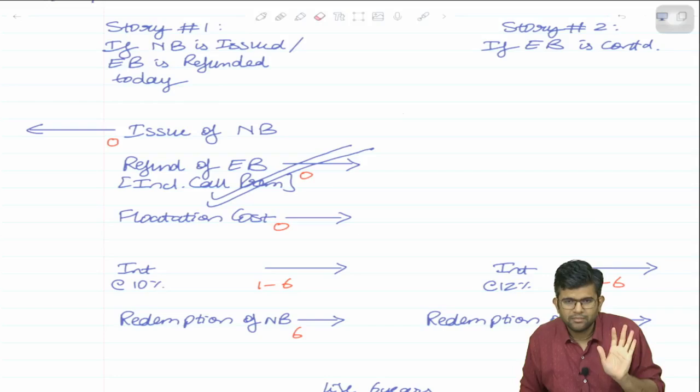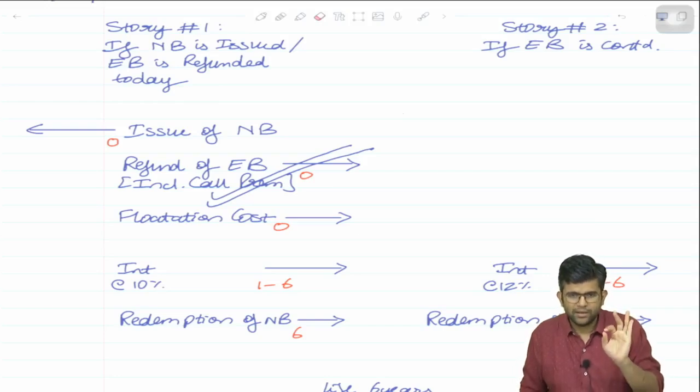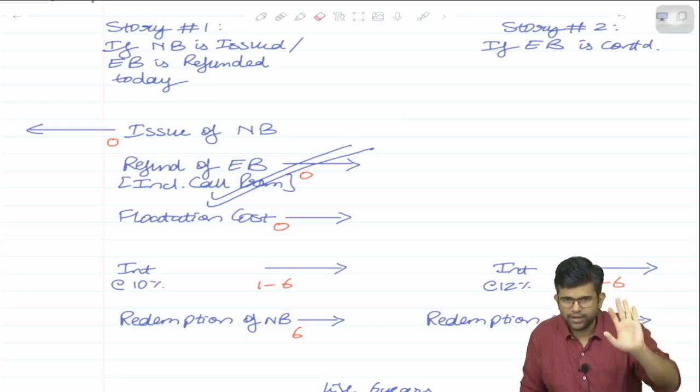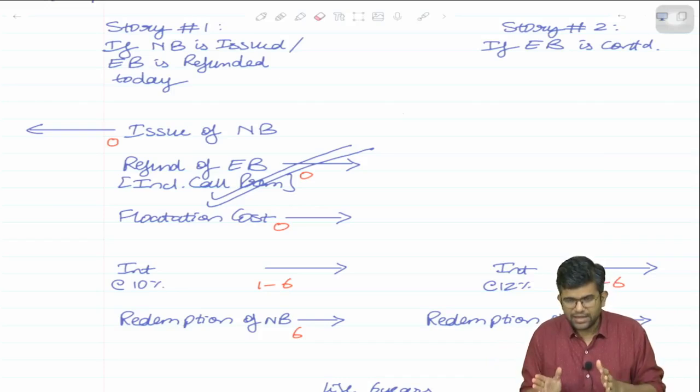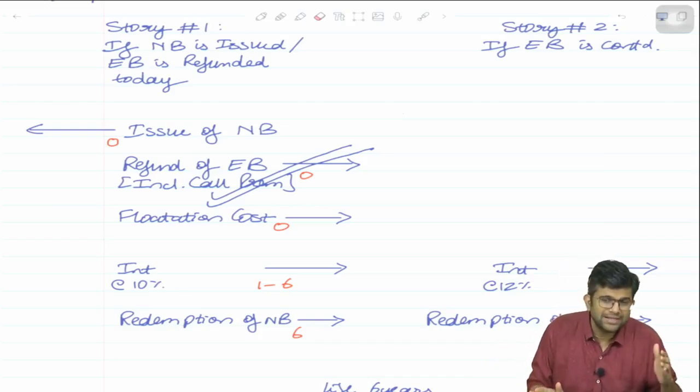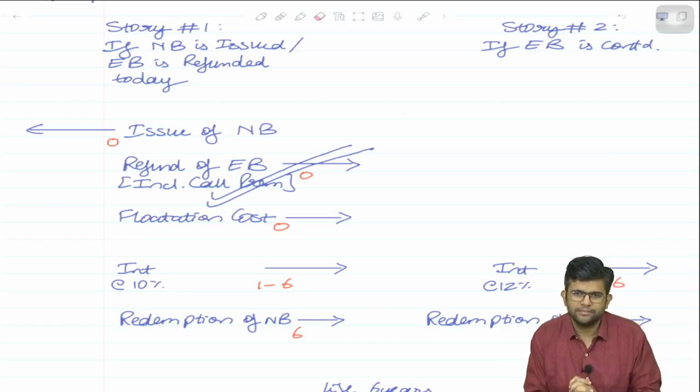Understood question? See, look at me. 312 million you are paying today. Out of that 12 million also you are paying today only. On the 12 million that you are paying, our taxation is saying no problem, this is a proper legit revenue cost, you will save tax on this. Now I am asking you, the tax that you will be saving on that 12 million, will you recognize that entire tax saving today only, or would you want to amortize it over 6 years is the question.